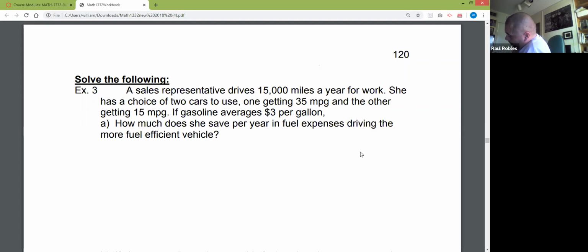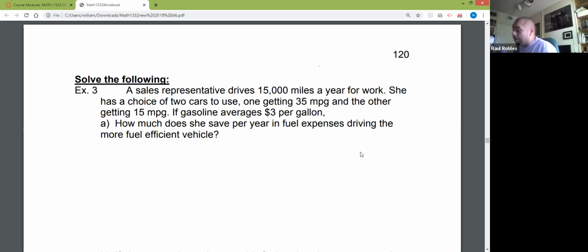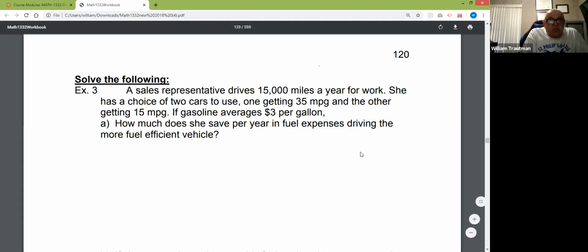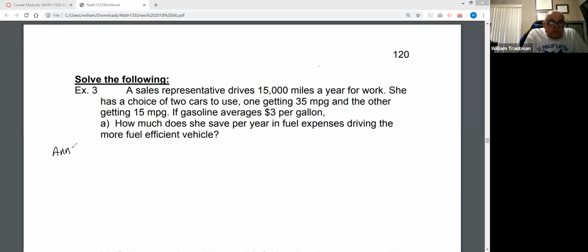Okay, all right. For this next problem, we have to look on our formula sheet. I want you to look at the formula that says cost of gasoline. I'm going to write down the formula here. The formula for cost of gasoline is called the annual fuel expense.